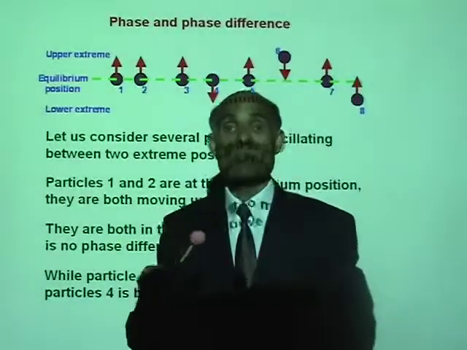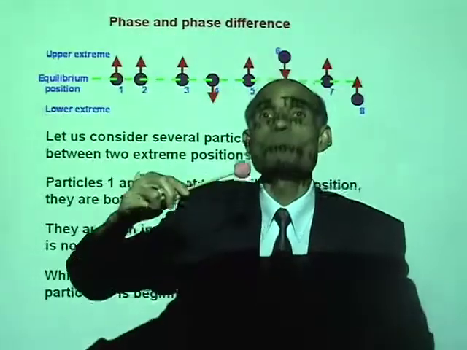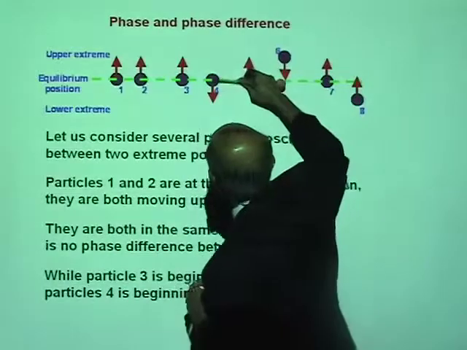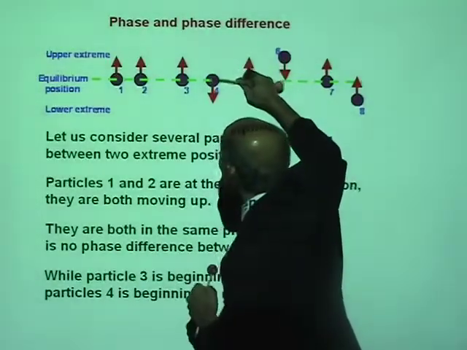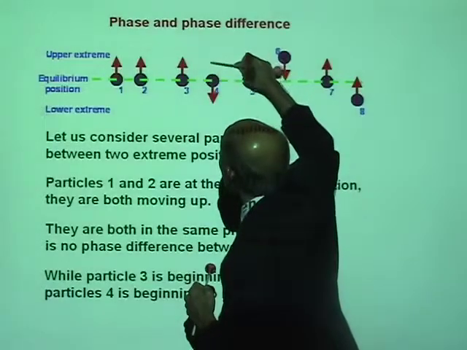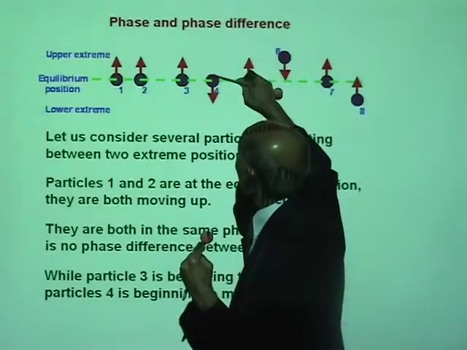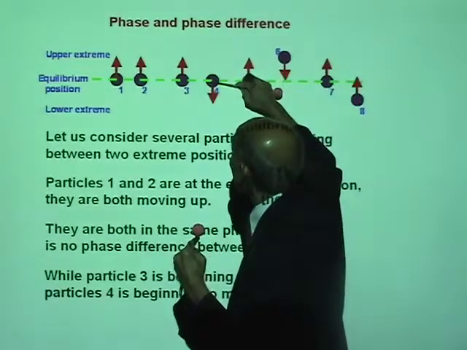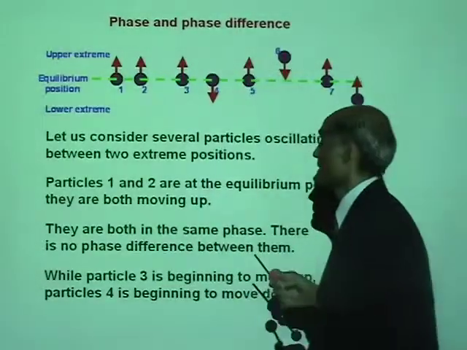Now remember, a period is the time taken for one complete vibration. So this has gone up and come down. The time taken to go up and come down is half a period. So particle 4 has actually completed half the vibration when particle 3 begins to vibrate.